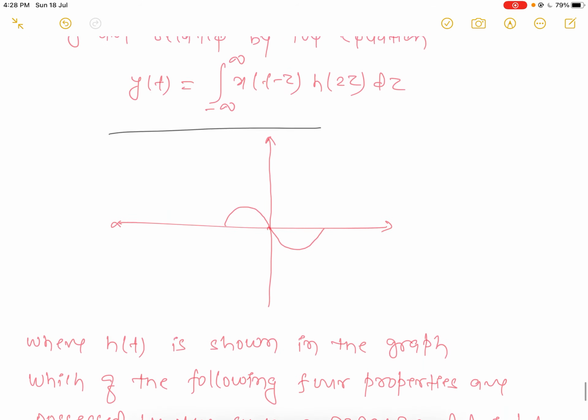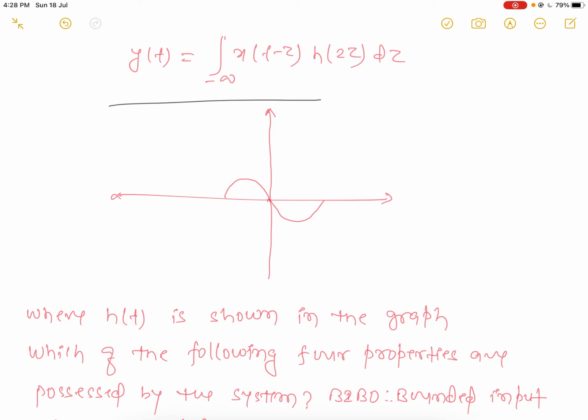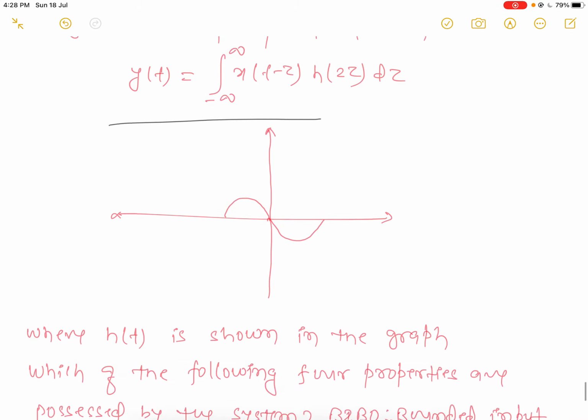Okay, from the graph, what are we getting? This one is linear time invariant, because here the convolution is given, meaning the input-output relation is given in terms of convolution, and convolution is only possible under the condition of an LTI system, so our system is LTI.